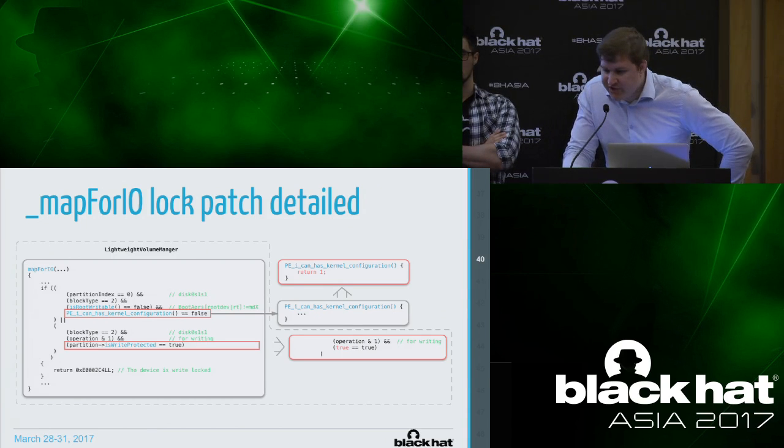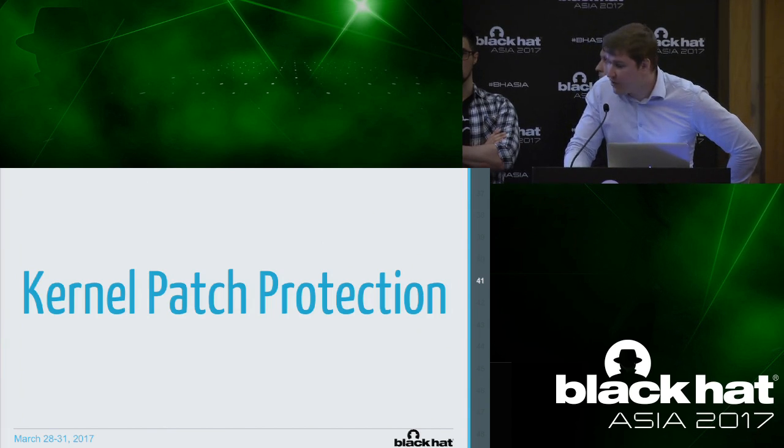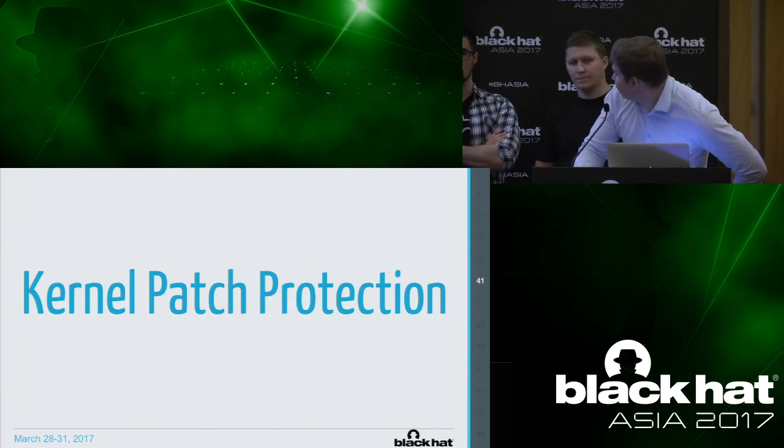You can patch this byte directly, or you can just patch this check. But for that you need to bypass kernel patch protection. It's the next big topic, and Alex will explain it.